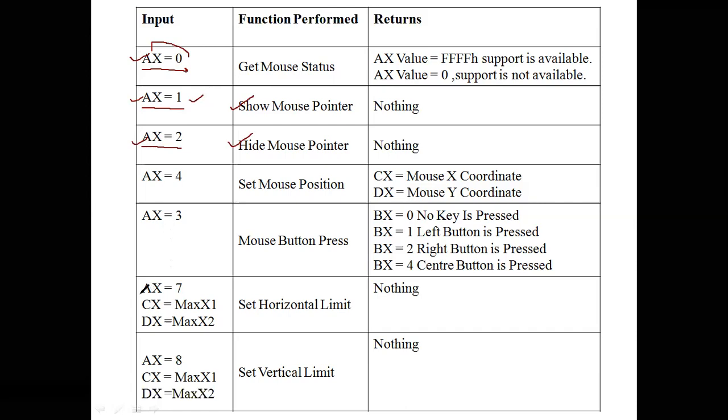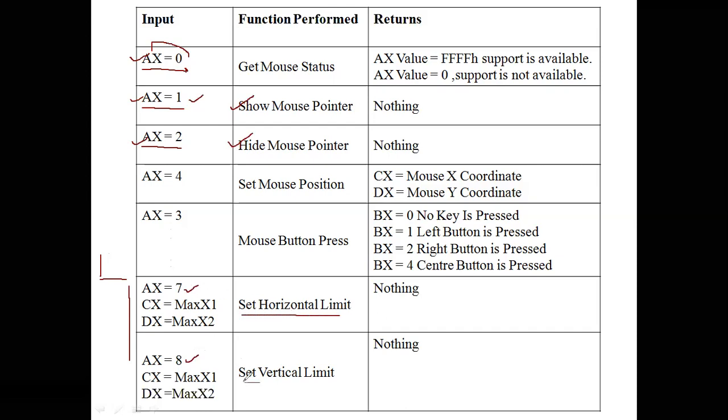We are also done with restricting the mouse pointer within a specified rectangular region, setting up the horizontal limit and the vertical limit by using service AX equal to 7 and AX equal to 8. To set the horizontal limit, we use AX equal to 7.